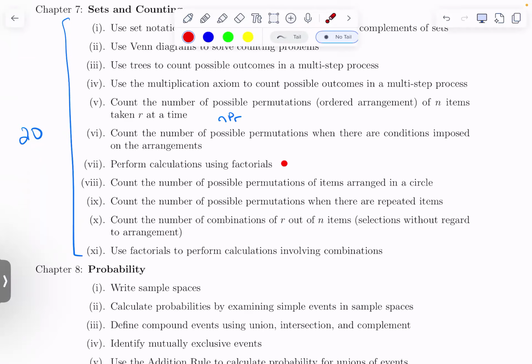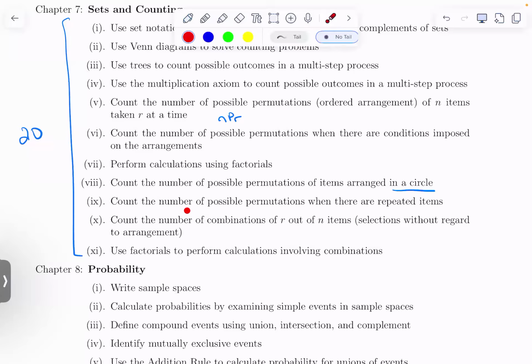Factorials, right? Exclamation mark, n factorial, 6 factorial is 6 times 5 times 4 times 3 times 2 times 1. Count the number of possible permutations of items arranged in a circle. Saw that on test 2. Right? It's where you have to kind of pick a point, right? Pick someone, force them to be the starting one, and then go around, right?